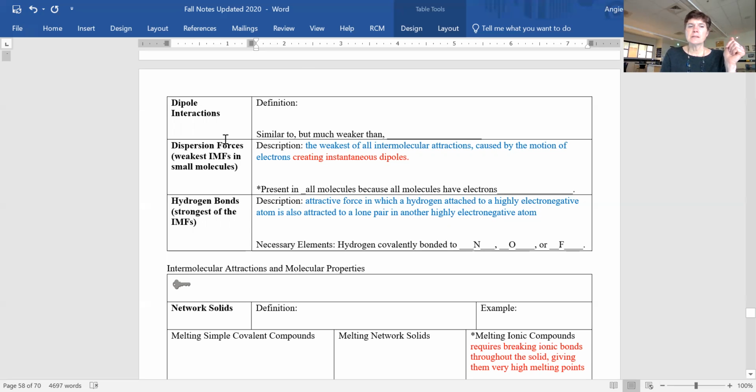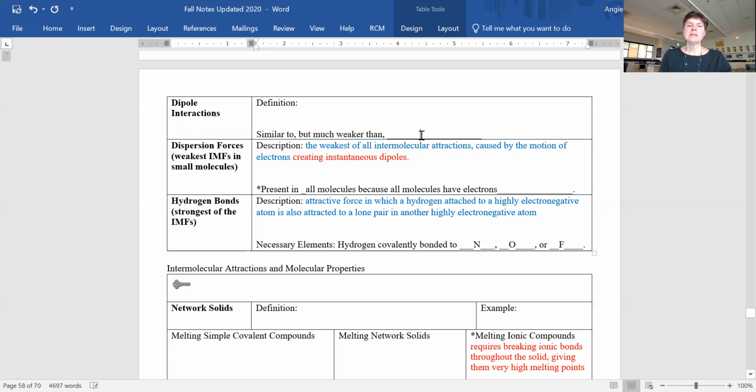The next strongest are up here. Those are dipole interactions called dipole IMFs, sometimes called dipole-dipole IMFs. For dipole interactions, these are the attractive forces when you have a molecule that has a partial positive end and a partial negative end, and they're going to be attracted to the opposite partial charge in other molecules.